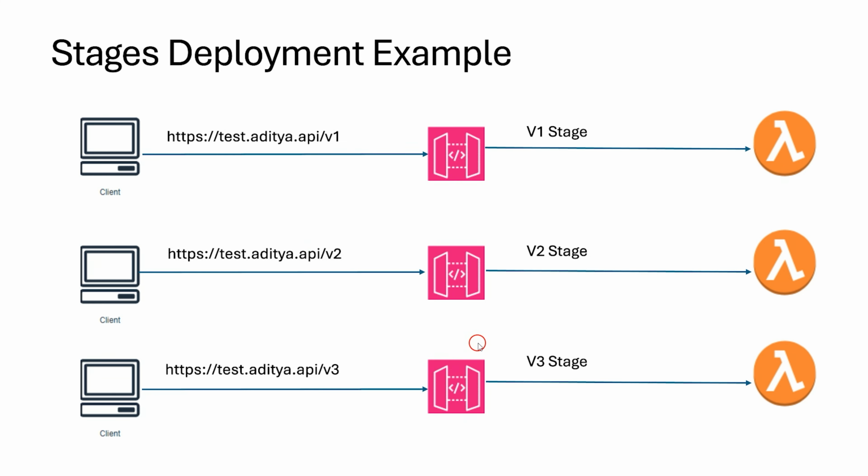So that's the advantage of deployment stages and how this works. Each deployment stage has its own configuration, so the configurations are isolated from each other. I hope you understand about deployment stages and this example, and I'm moving on to the next slide.